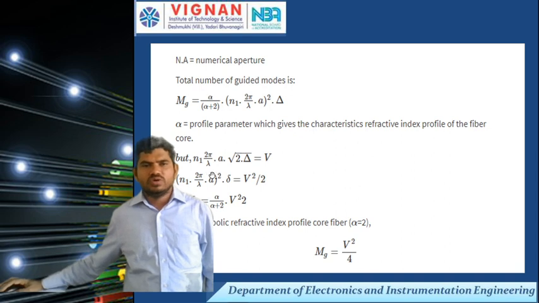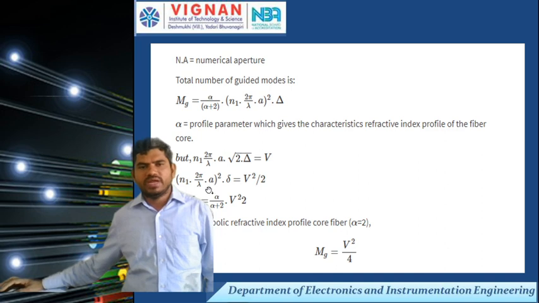But we know that n1 into 2 pi by lambda into a into the square root of 2 delta is equal to V. Now (n1 2 pi by lambda into a) whole square into delta is equal to V square by 2.